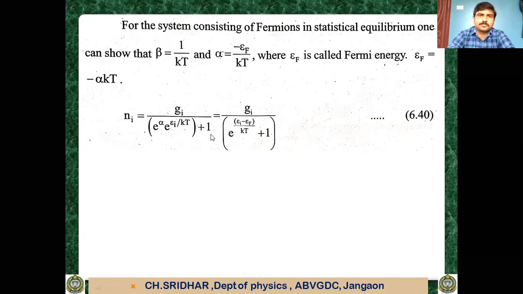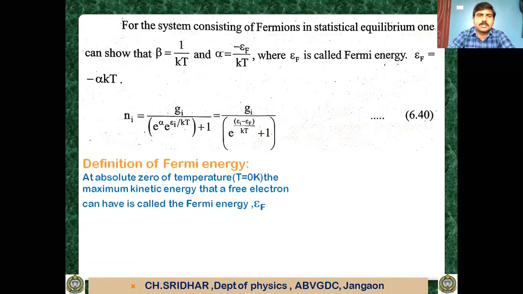And we can write that Ni is equal to Gi by e power alpha into e power Ei by kT, and this will be e power Ei minus EF by kT plus 1. So this is the Fermi Dirac distribution law in terms of temperature.